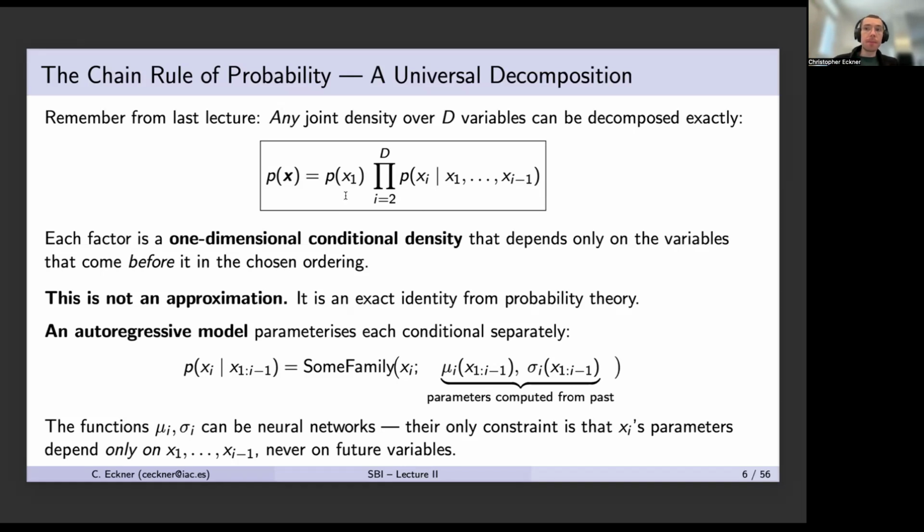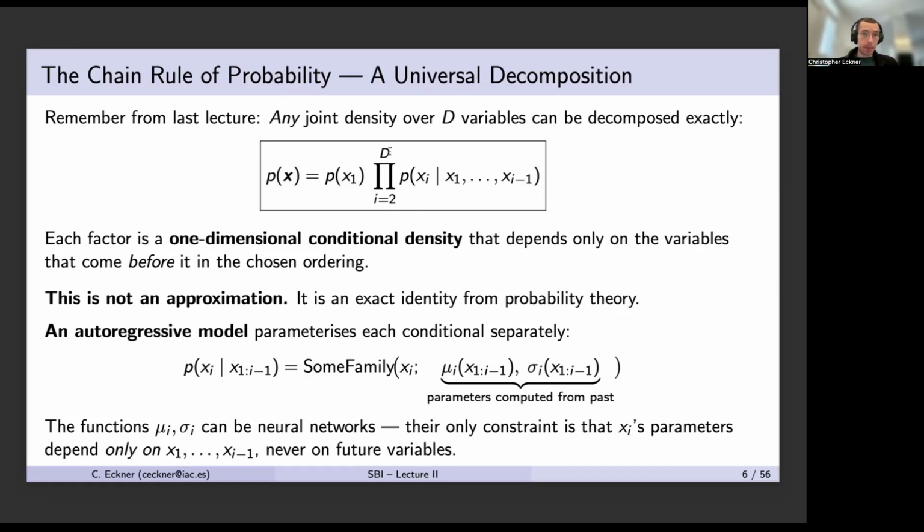So you start with your, so to speak, prior of x1 times the conditional probability of x2 given x1 times the probability of x3 given x2 and x1, and so on and so forth until you reach your whole dimensionality of the problem.